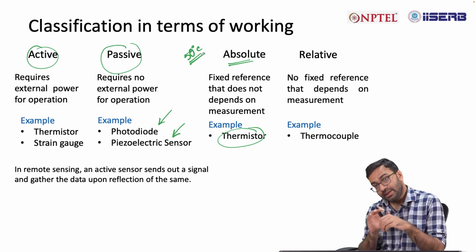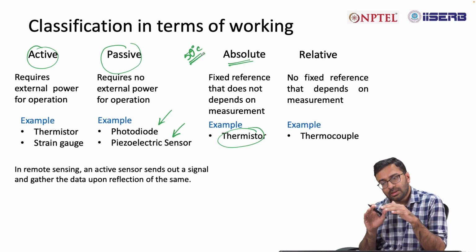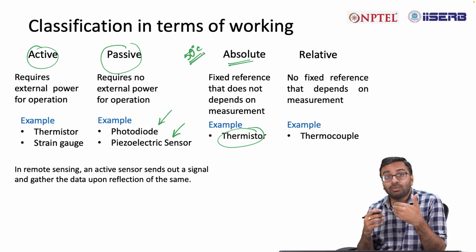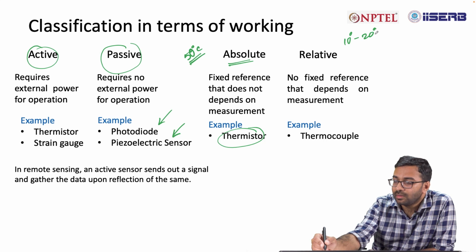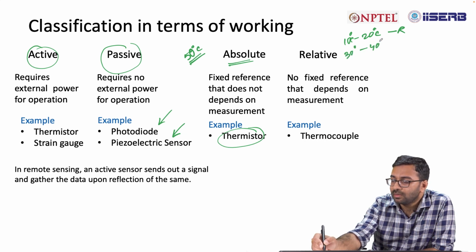But in case of relative sensor, they work based on the measurement or comparison. There is no fixed reference. For example, thermocouple. Thermocouple works based on the difference of temperature. If you increase the temperature from say 10 degree centigrade to 20 degree centigrade, you will get response R. If you increase it from 30 degree to 40 degree, you may get a similar response.